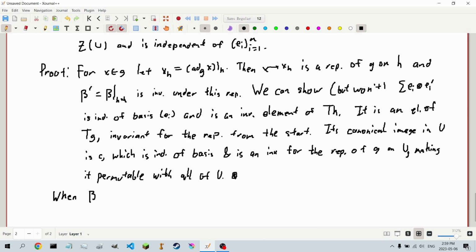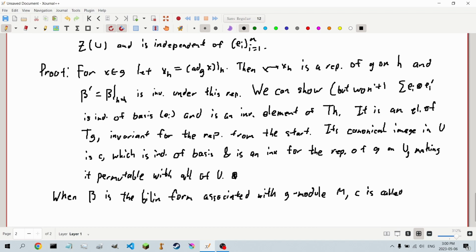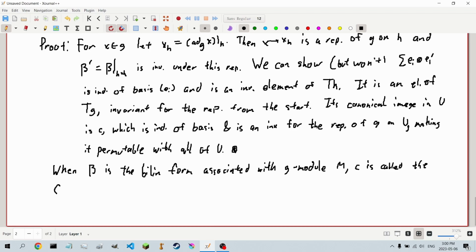When beta is the bilinear form associated with G module M, C as defined above is called the Casimir element associated with M. So I'm guessing beta in this context is the version of the Killing form in this context.